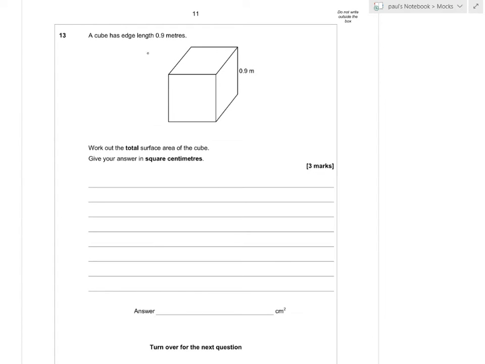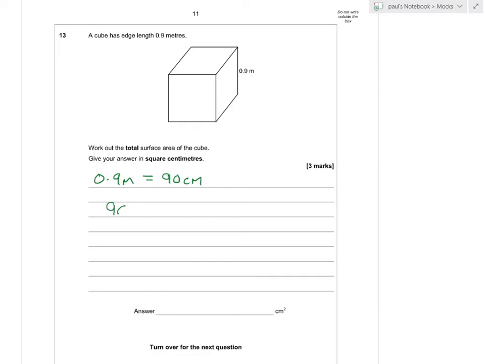Right, a cube has an edge 0.9. Work out the total surface area of the cube. Oh, it says meters. We need centimeters. 0.9 meters equals 90 centimeters.